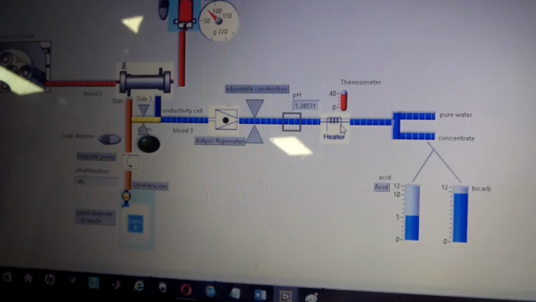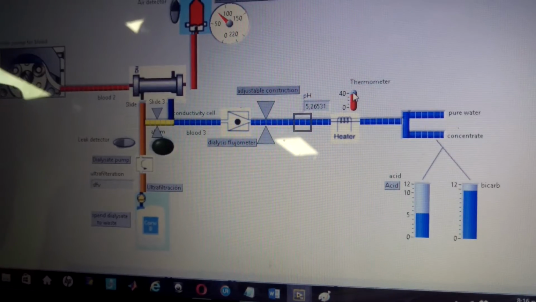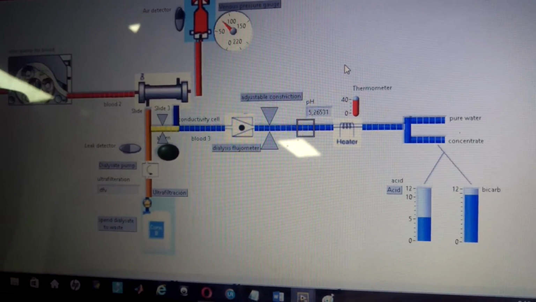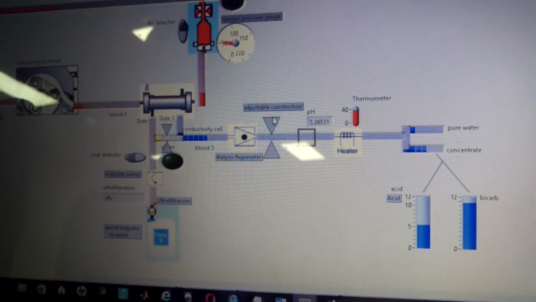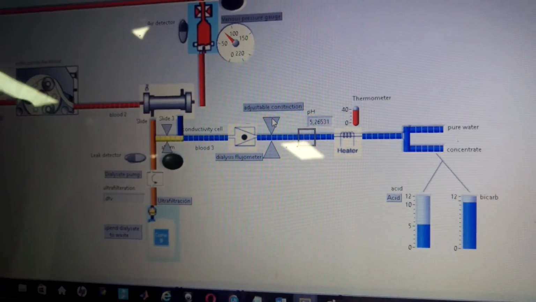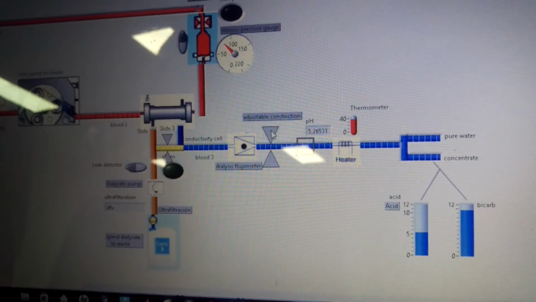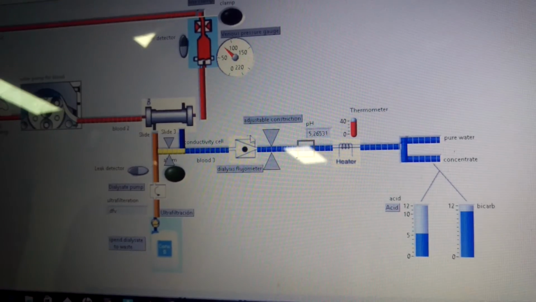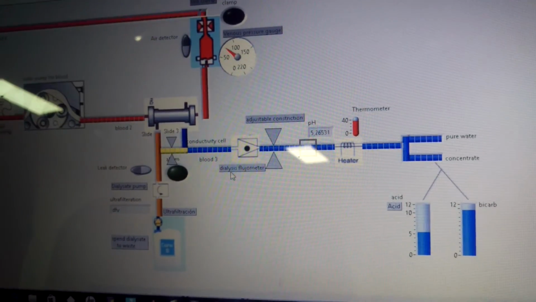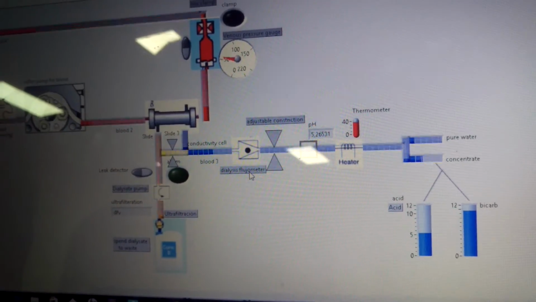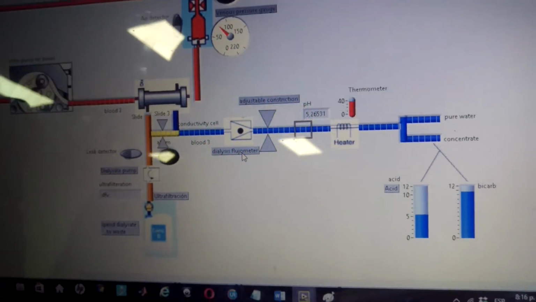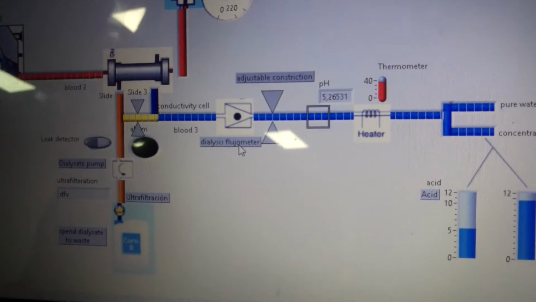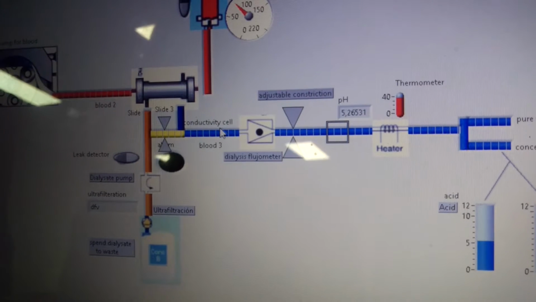Then we can find a heater which is at 37 degrees. Then we can find an adjustable constriction device. Then we can find the flowmeter in which we can measure the flow of this concentration.